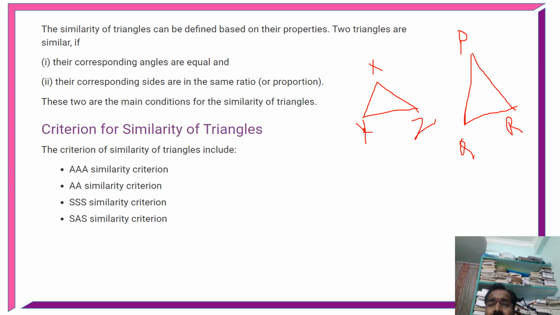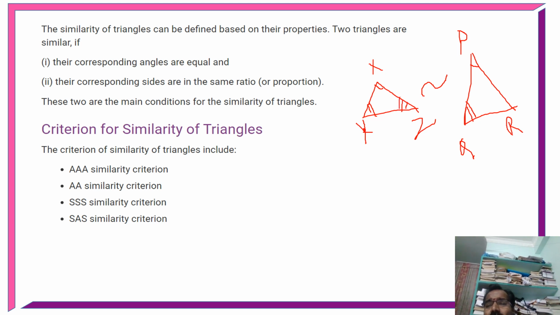Correspondence means if you take XYZ similar to PQR, angle X is corresponding to angle P, angle Y is corresponding to angle Q, angle Z is corresponding to angle R. That is called correspondence.